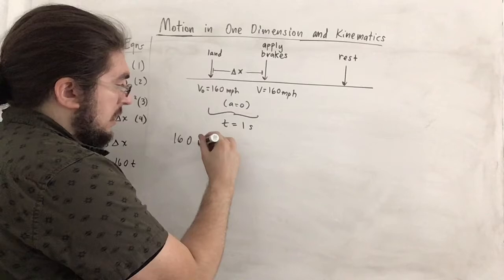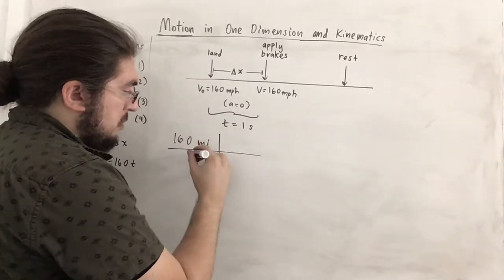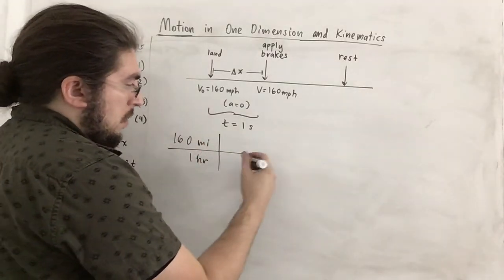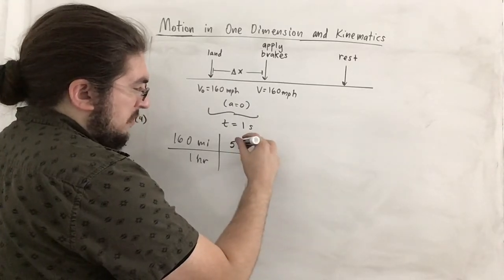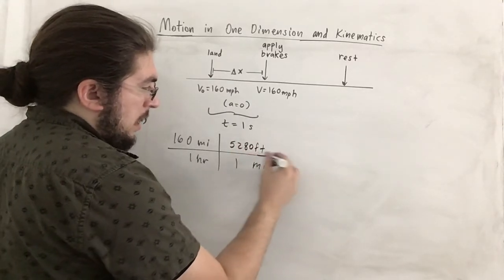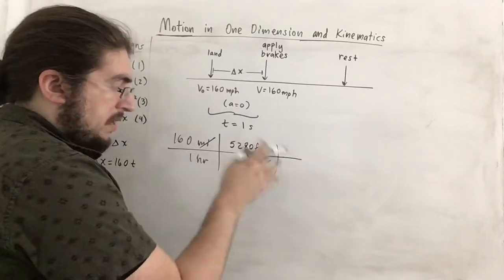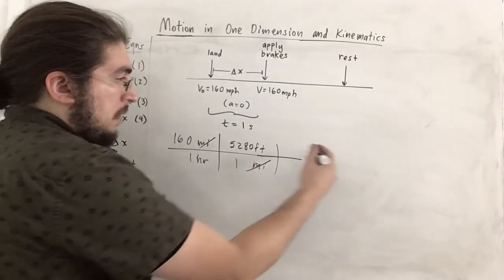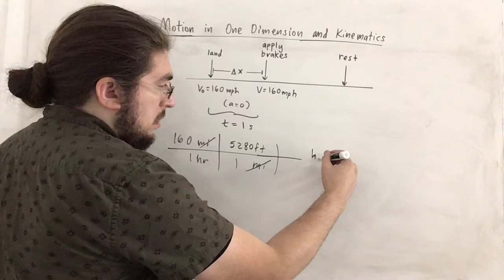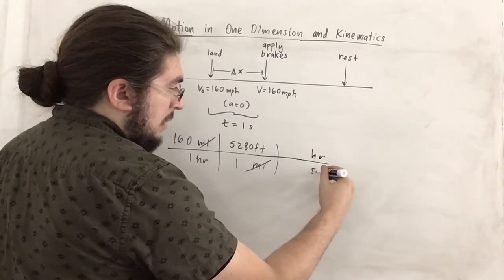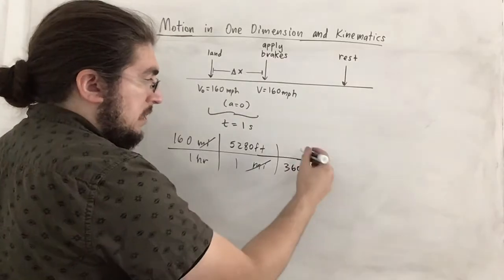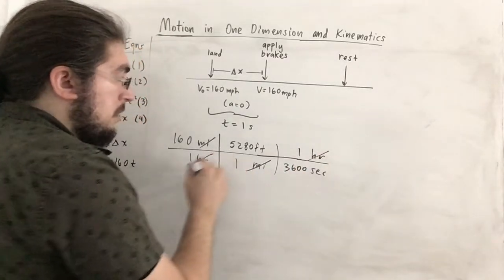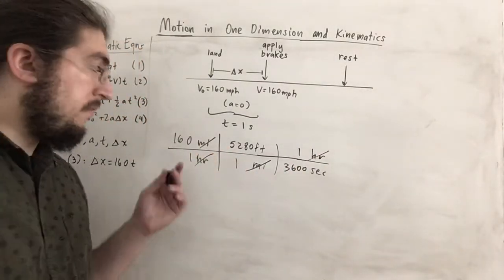If you have 160 miles per hour, using a conversion table, we want to get rid of miles and introduce feet, so that's 5280 over 1, and then miles are gone and feet are introduced. Now we want to get rid of hours and introduce seconds. We know there's 3,600 seconds in 1 hour, and the hours cancel, so now our unit is feet per second.